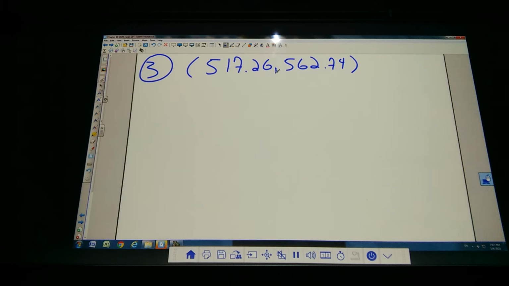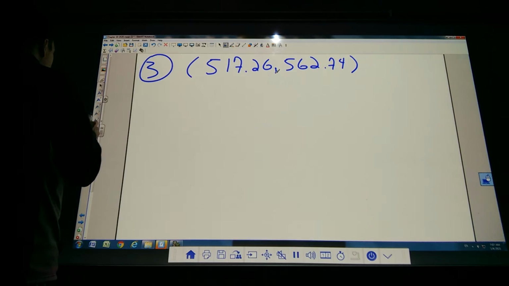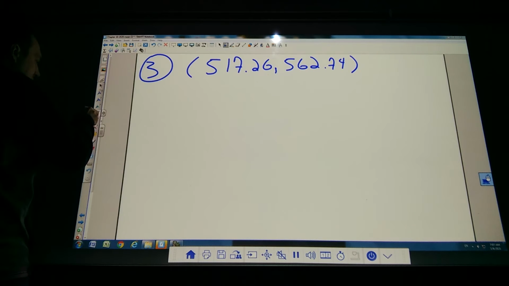Now I'm going to go into explanation of what these numbers actually mean in a second. But step 4 is writing a sentence, interpreting it. Step 4.